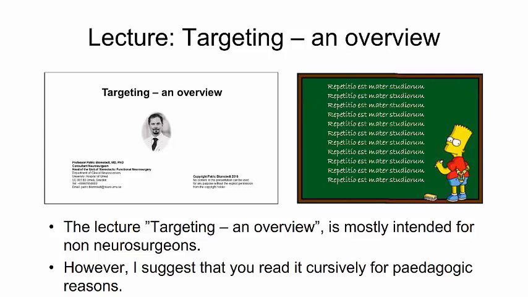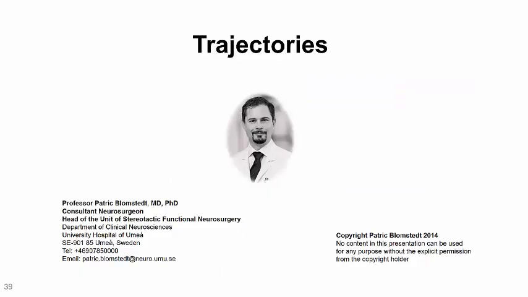Much of what has been said so far is repeated in the lecture Targeting, an Overview. This is mostly intended for non-neurosurgeons, but I suggest that you read it cursorily for pedagogic reasons. The next lecture deals with trajectories, and some details are worth repeating here.